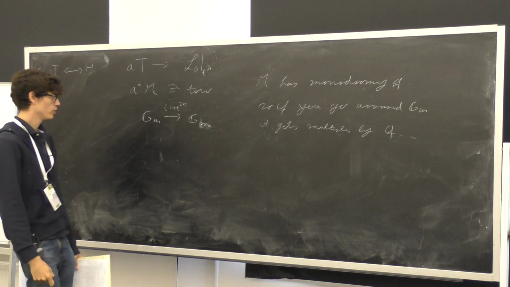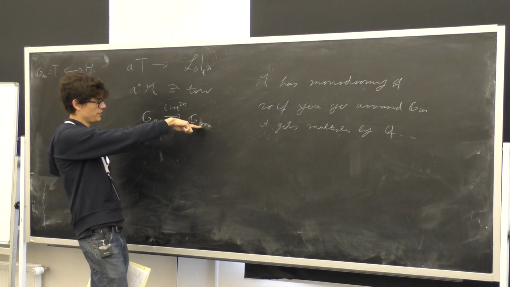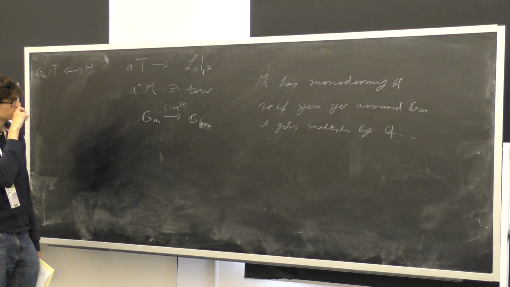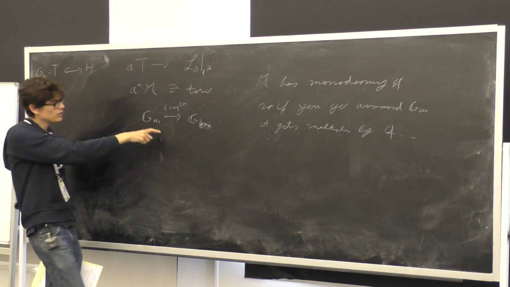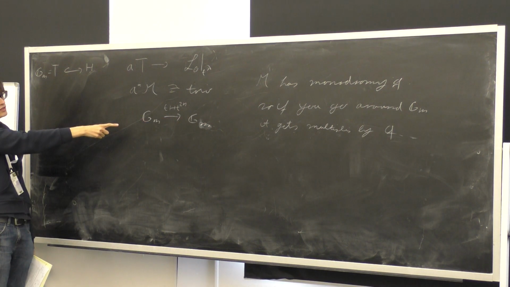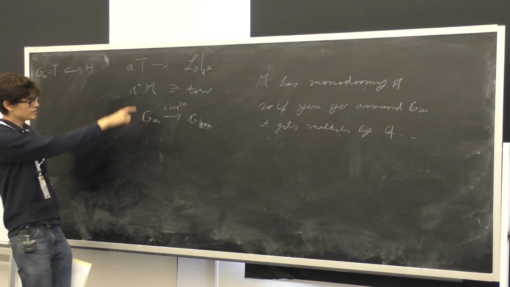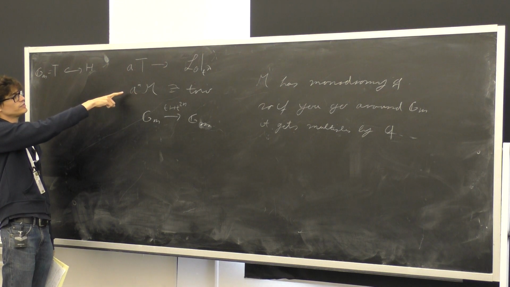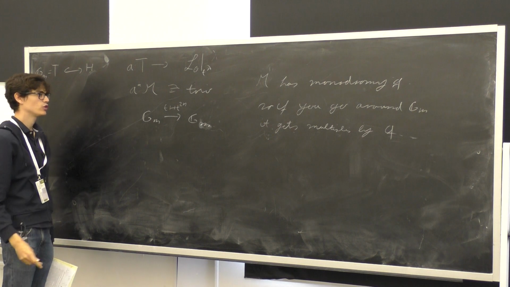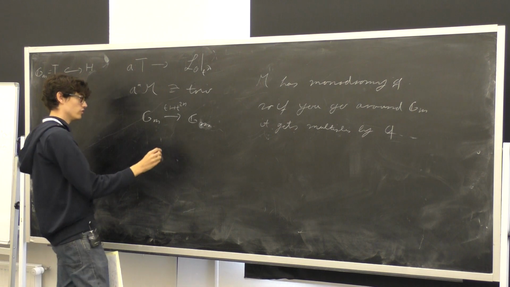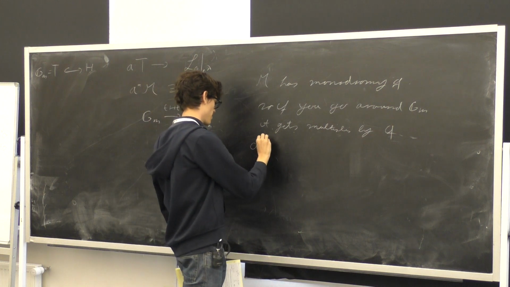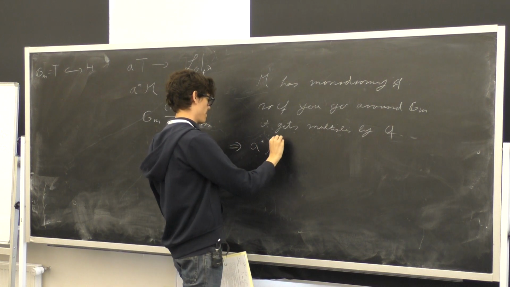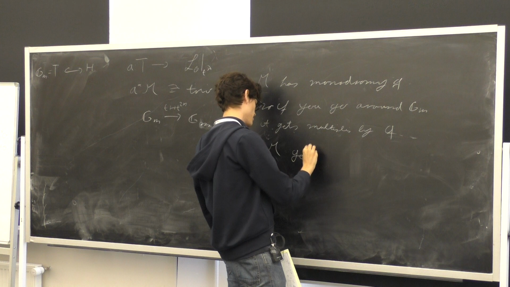So going around this G_m 2n times corresponds to going around this G_m once. That means that for this pullback of M, when I go around G_m once here, I get multiplied by Q to the 2n.